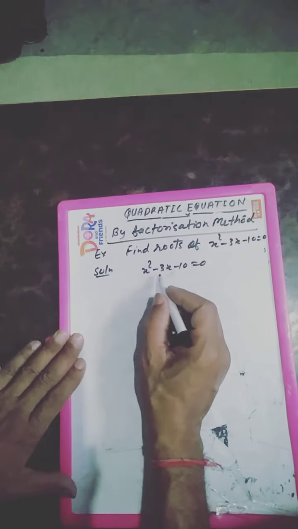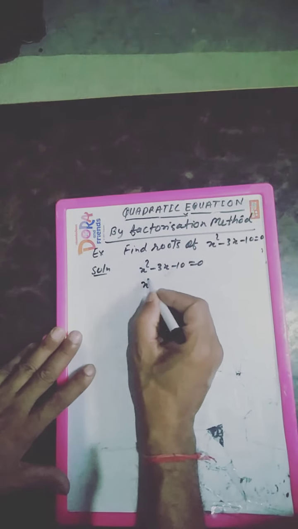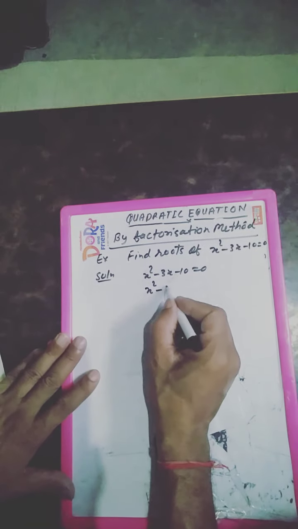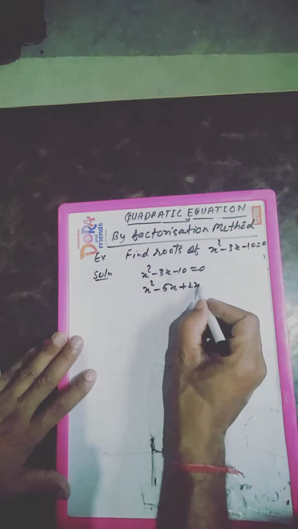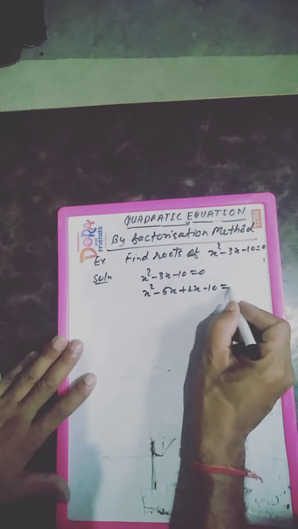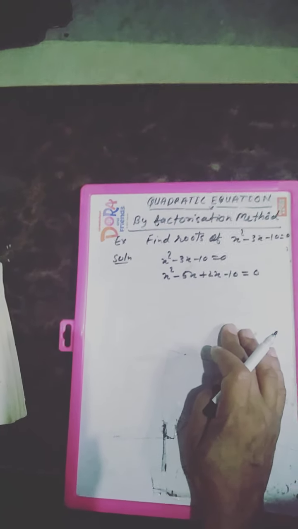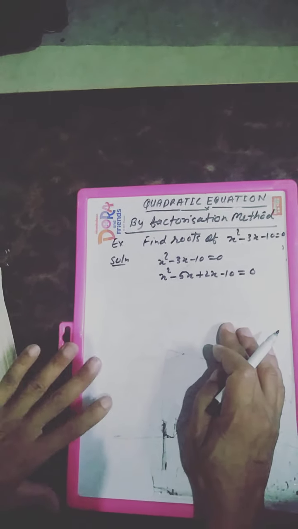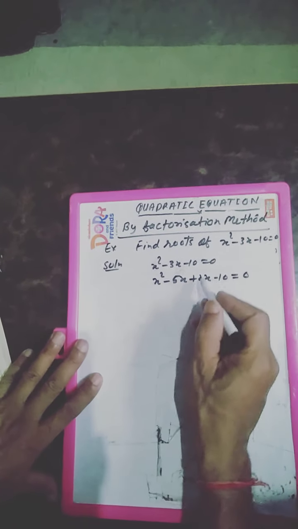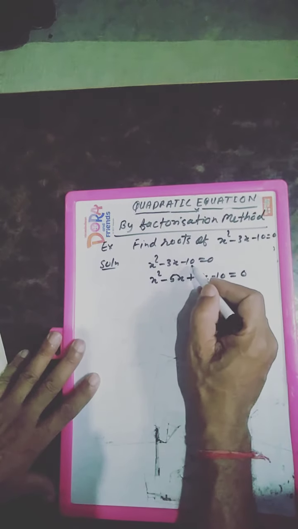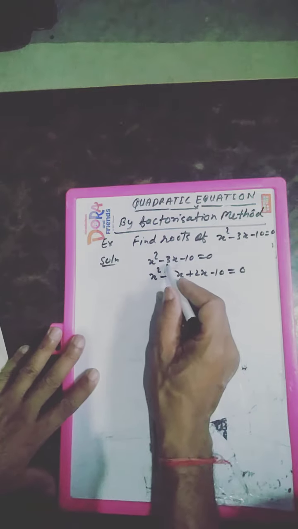So we can split minus 3 in this way, that is x square minus 5x plus 2x minus 10 is equal to 0. Why are we taking minus 5 and 2 as factors? Because we know that the multiplication of minus 5 and 2 is minus 10, which is given here, and the sum of minus 5 and 2 is equal to minus 3.